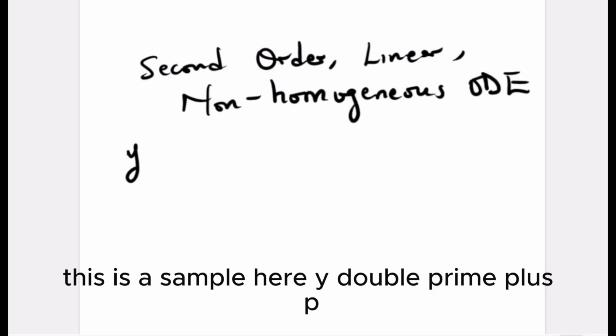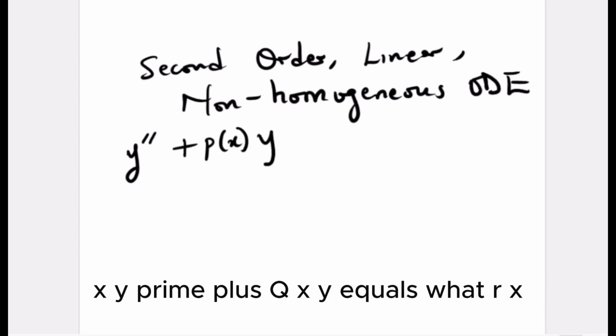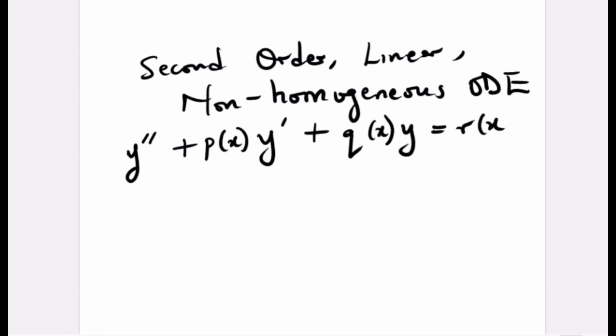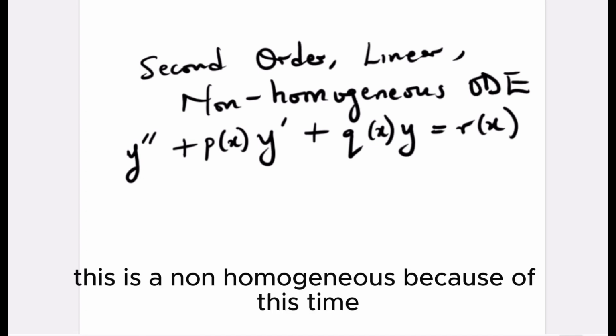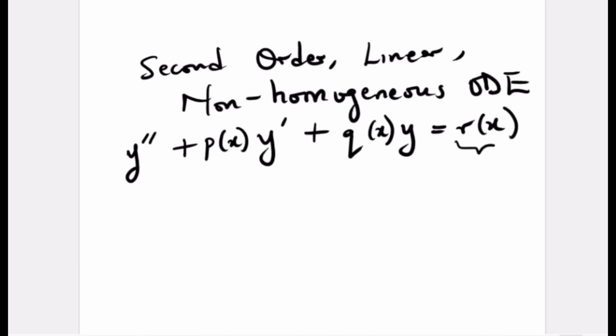This is a sample here: y double prime plus p(x) y prime plus q(x) y equals what? R(x). This is non-homogeneous because of this term.